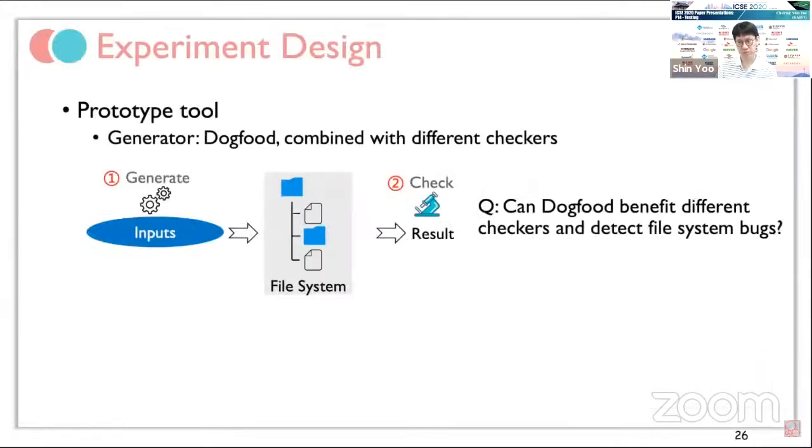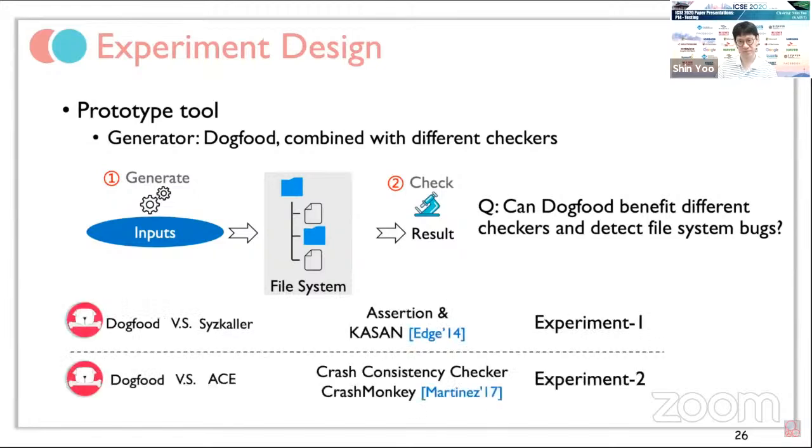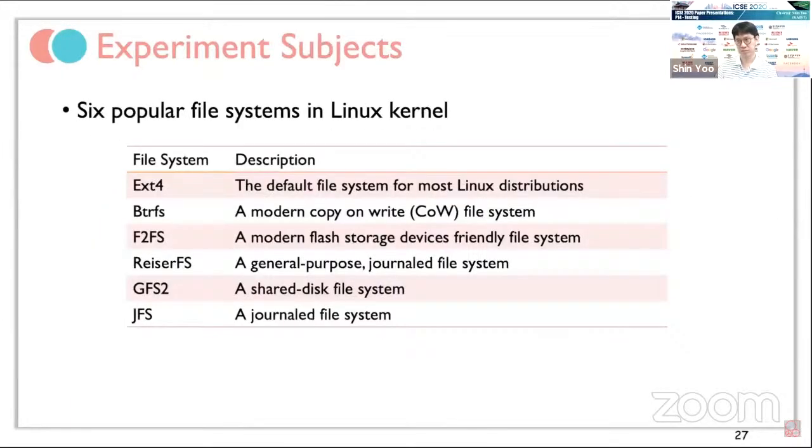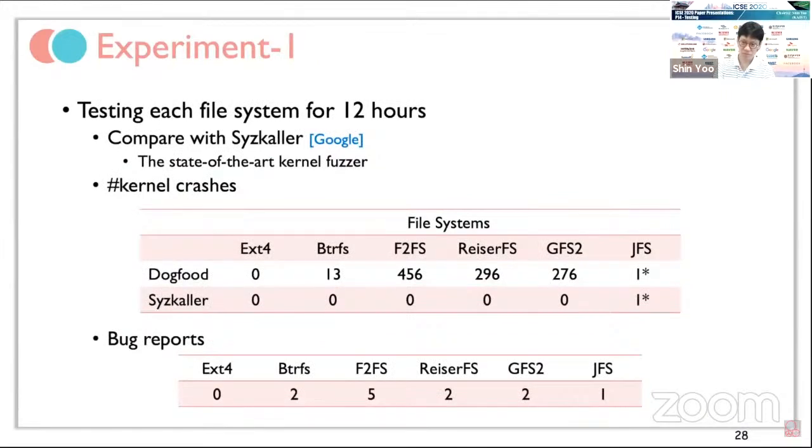We developed a prototype tool named Dogfood and evaluated it with different checkers to see whether it can benefit these checkers and detect real file system bugs. We chose 6 popular file systems like ext4 and btrfs, which are provided in the Linux kernel. In the first experiment, we compared Dogfood with Syzkaller.